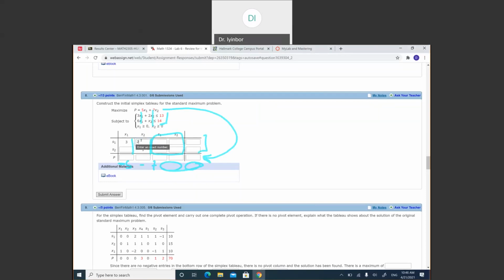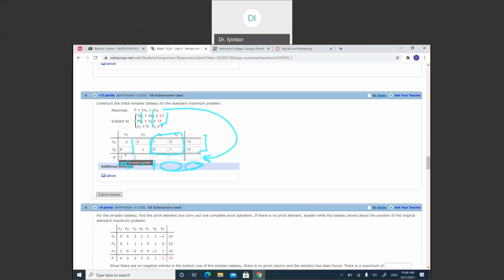So it's going to be 2, and this is 6, and here the unit matrix is 1, 0, 0, 1. That's the unit matrix. And then the numbers here are 13 and 14. And then here we're going to get the opposite from the function p.